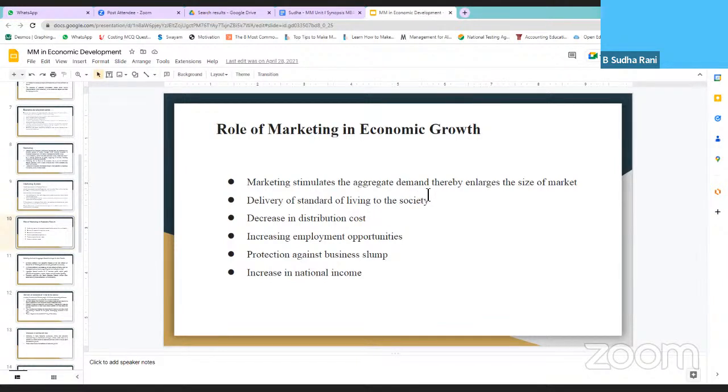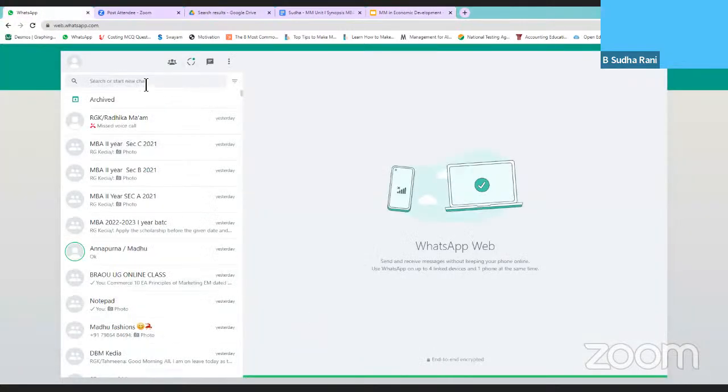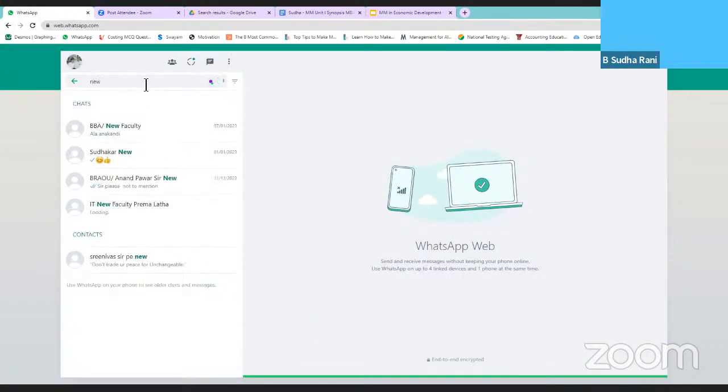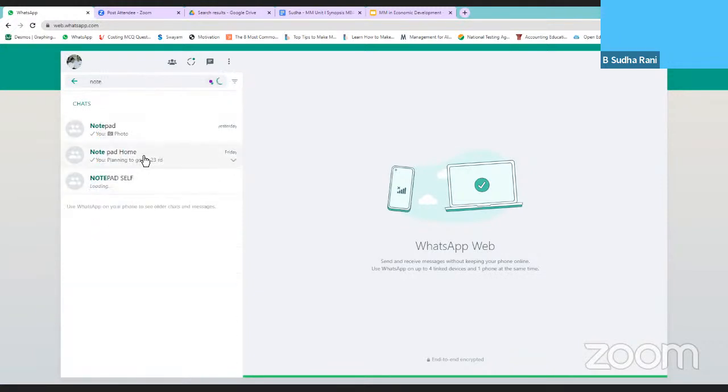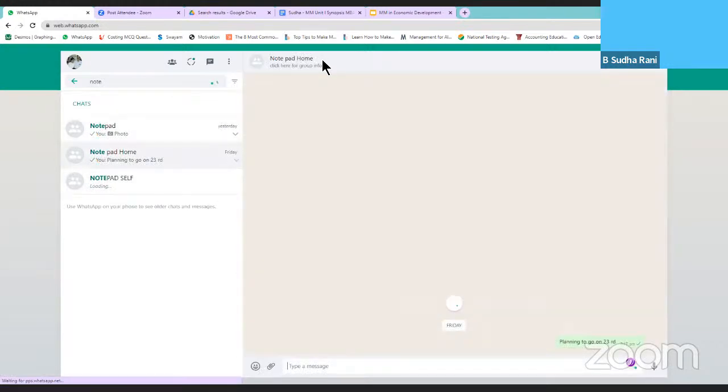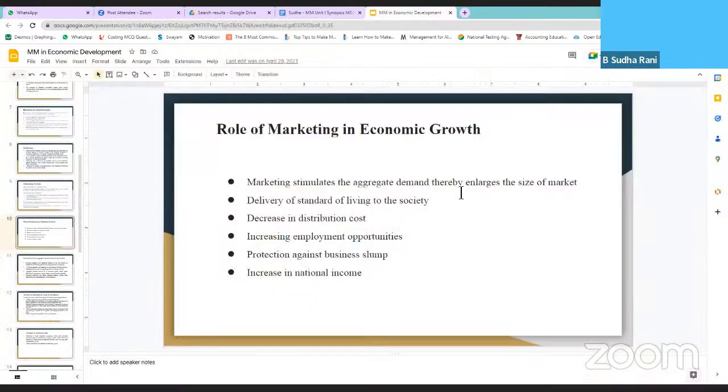The more the demand, the more products are required by the consumer, and the size of the market will increase. The production increases and the market size increases.